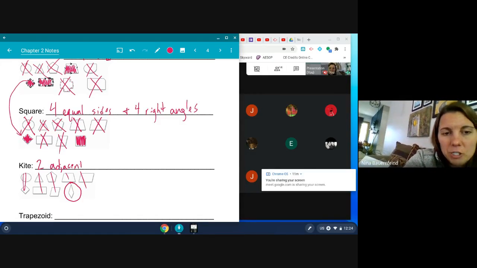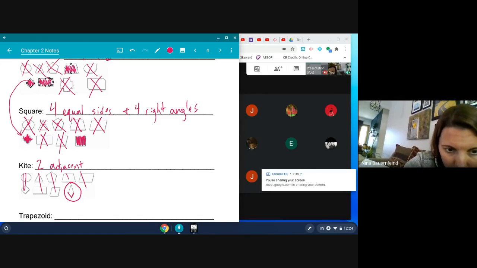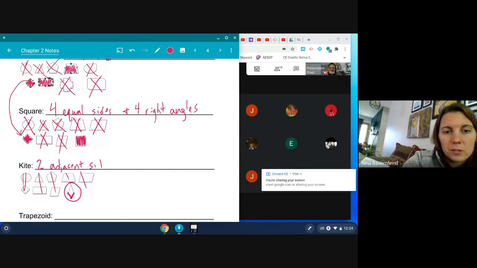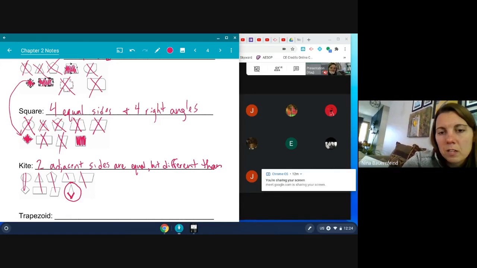Adjacent means next to or touching. Like these two are adjacent.